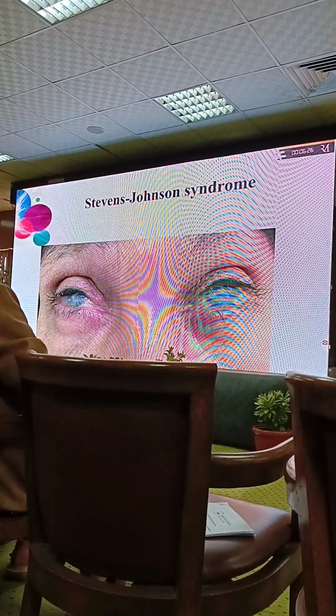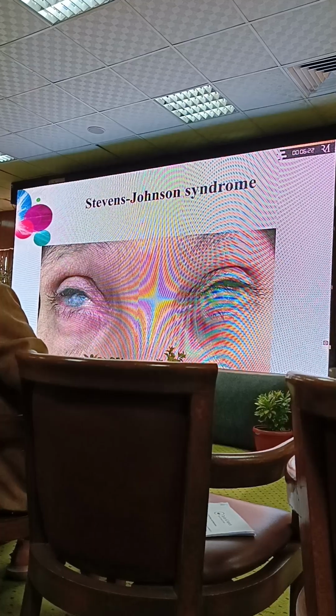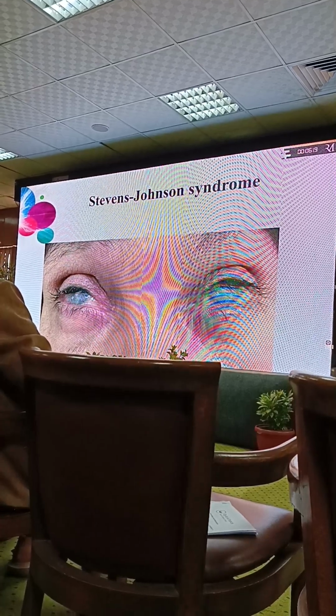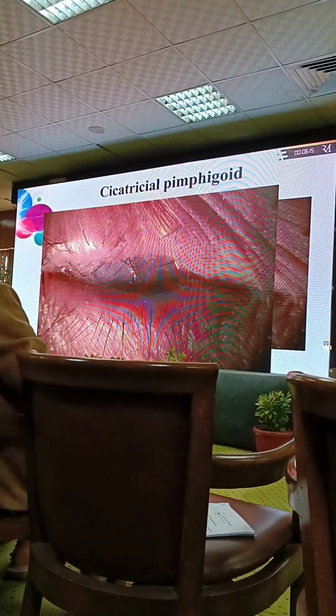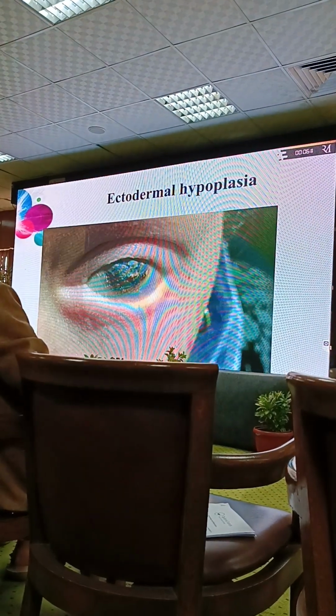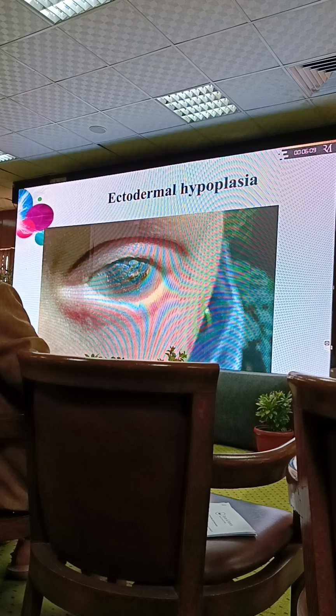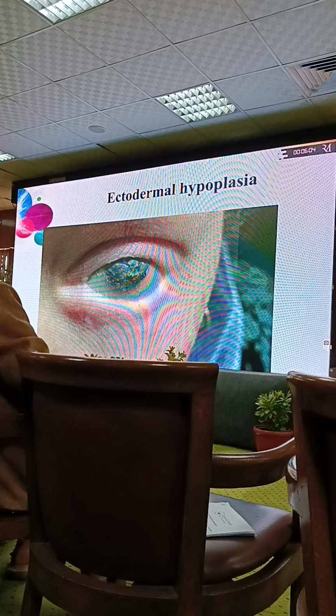So here are some examples of diseases which are not suitable for cadaveric corneal transplants: Stevens-Johnson syndrome, Sjögren syndrome, cicatricial pemphigoid, ectodermal hypoplasia. All these have severe dryness with a keratinized surface and are not suitable for cadaveric transplant.